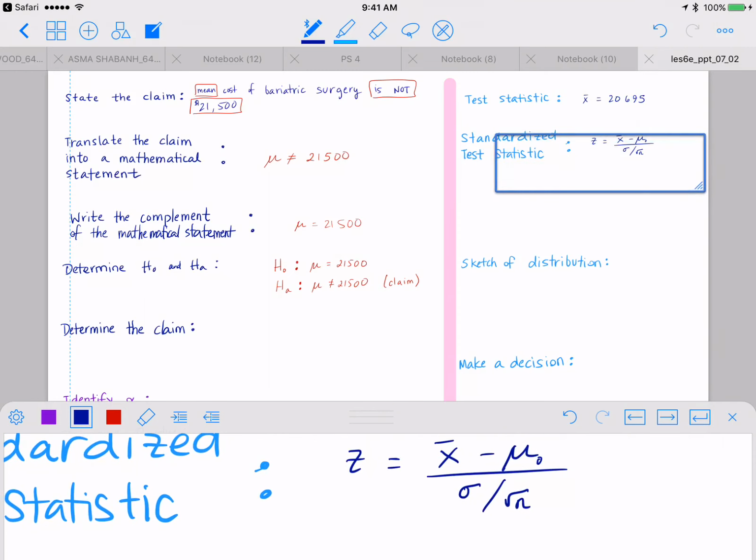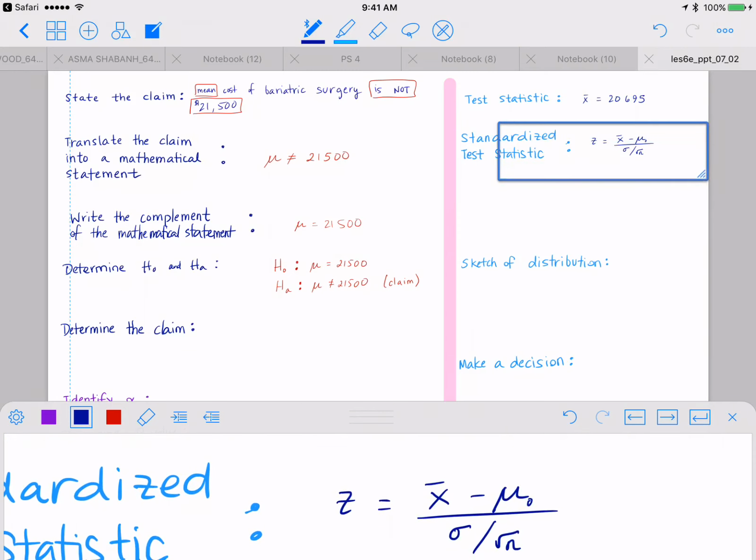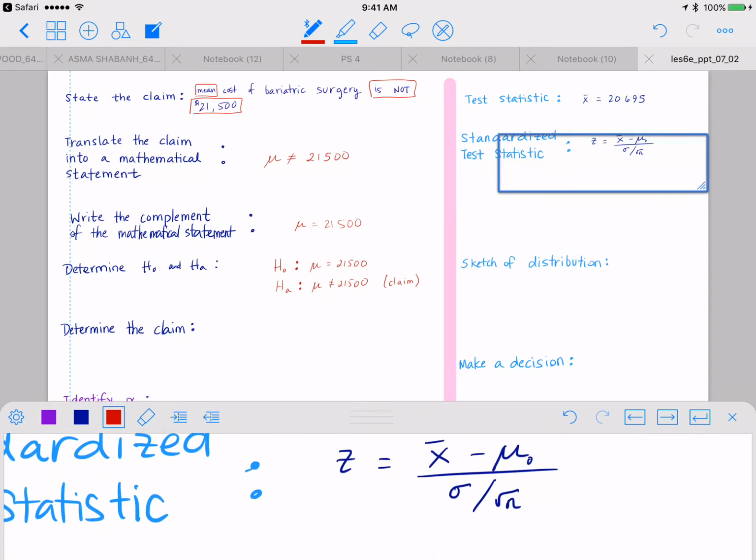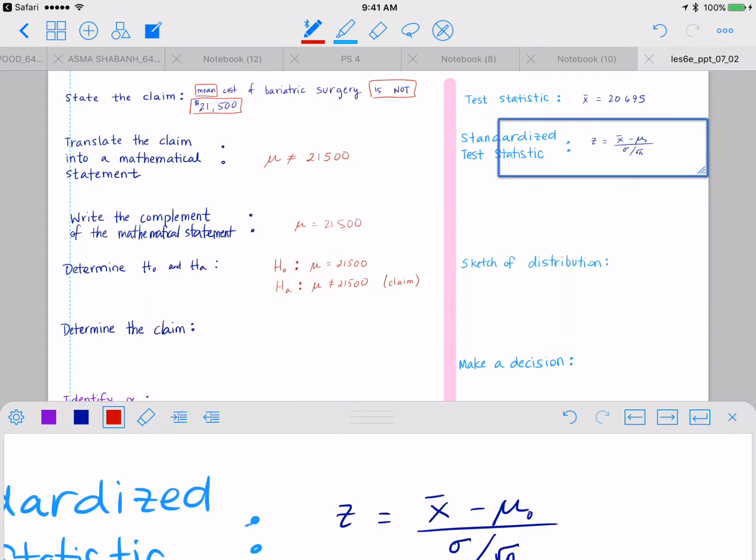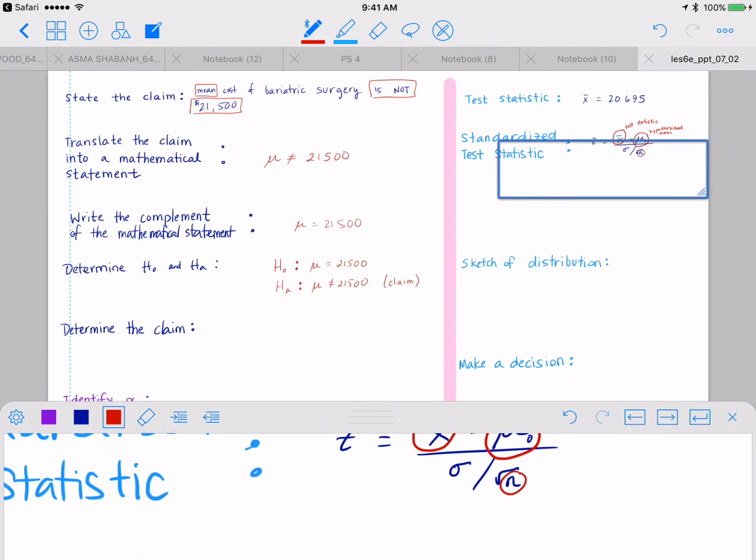Okay, so when we fill this in, let me be very clear about these numbers here. So x bar is the test statistic. Mu naught is the hypothesized mean. So this is what we are assuming the mean is, the hypothesized mean. N is the sample size.